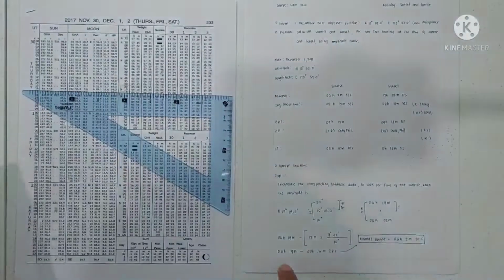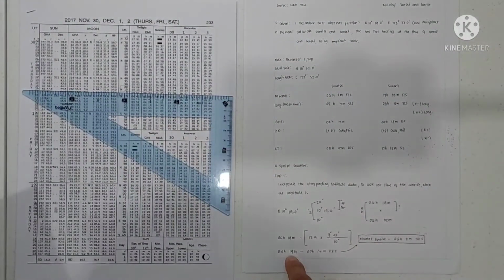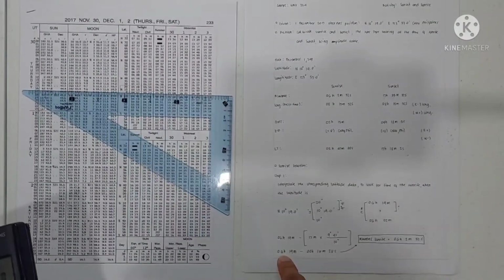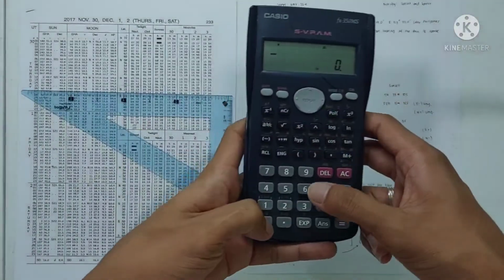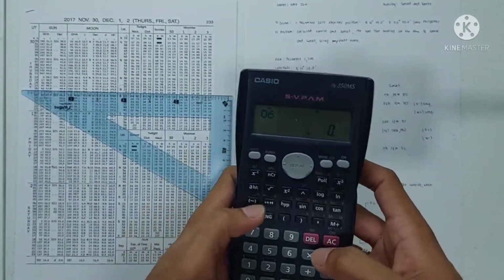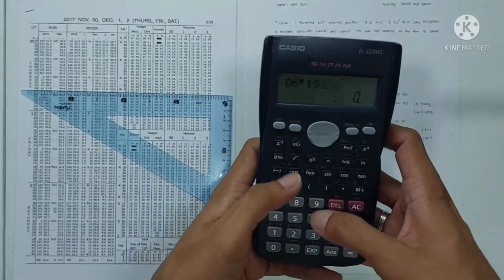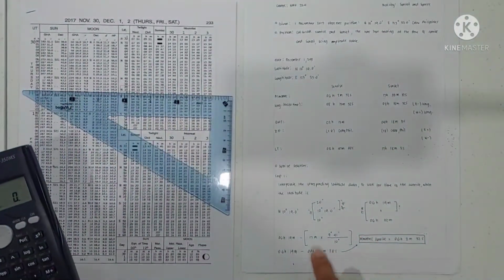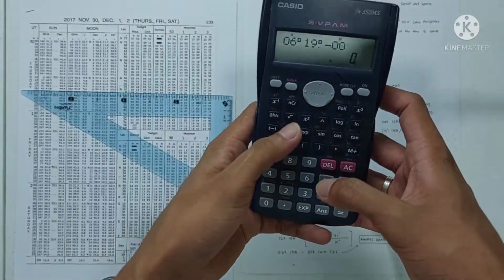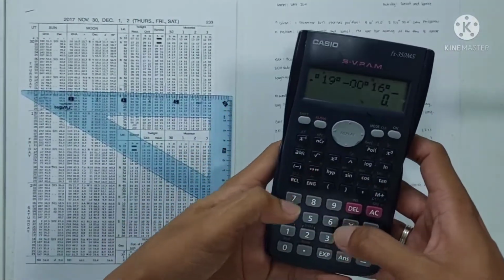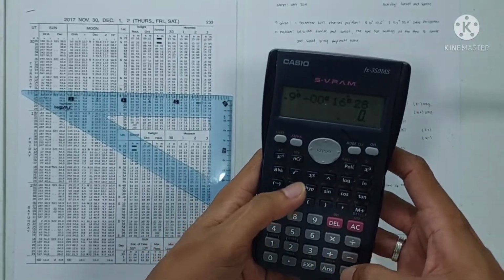And we will now subtract this from the upper value of 20 degrees. So 06 hours and 19 minutes subtracted by the result of this equation here, which is 00 hours 16 minutes 28 seconds.